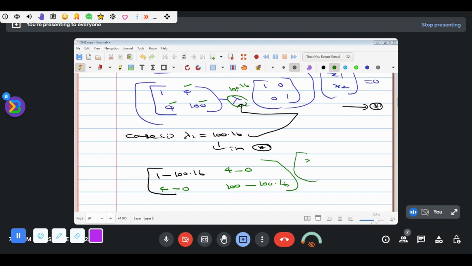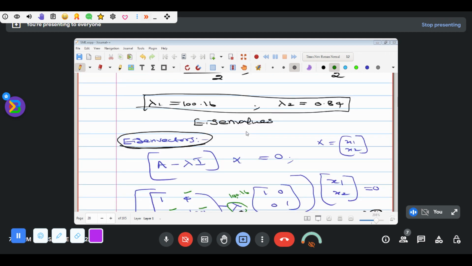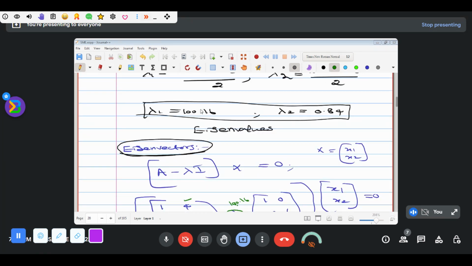Yes, tell me, Mohammed. Can you repeat the last point? Because there are two cases, lambda gives two results, lambda 1 equal to this value and lambda 2 equal to this value. Therefore I separate it into two cases.